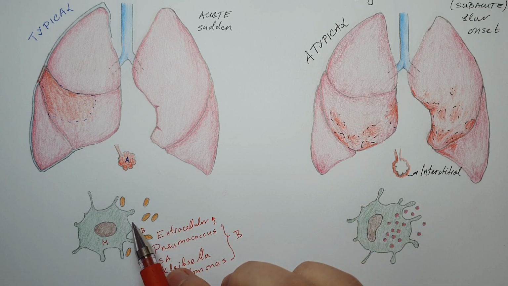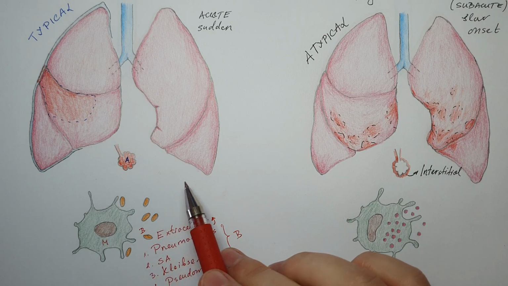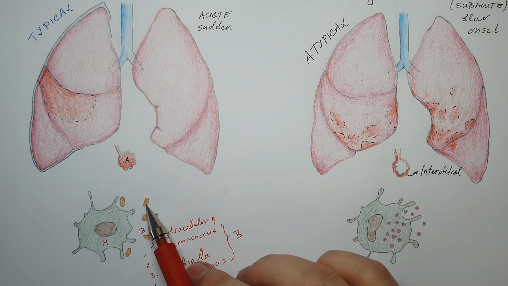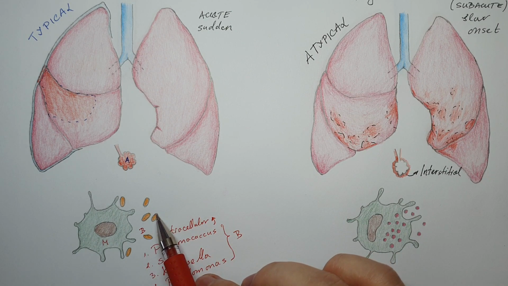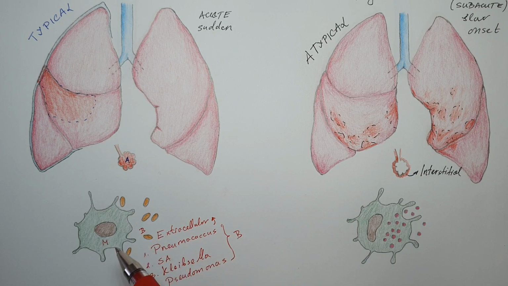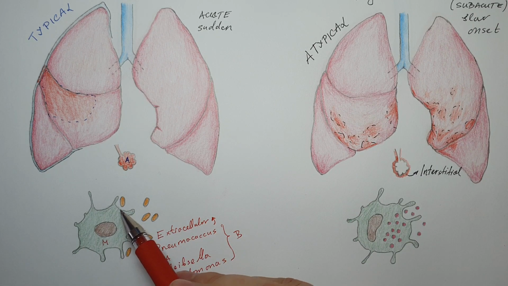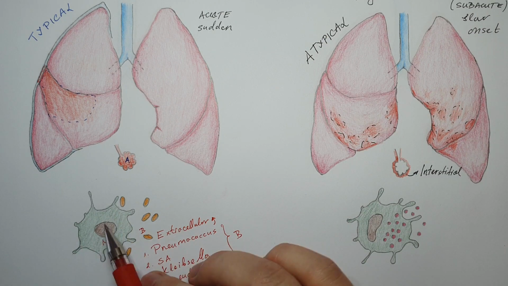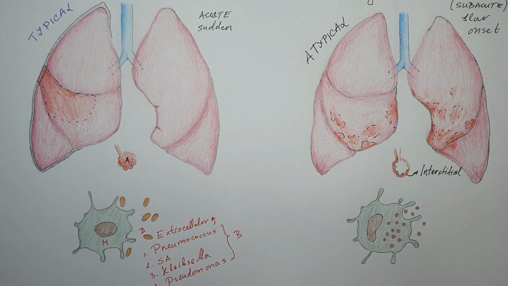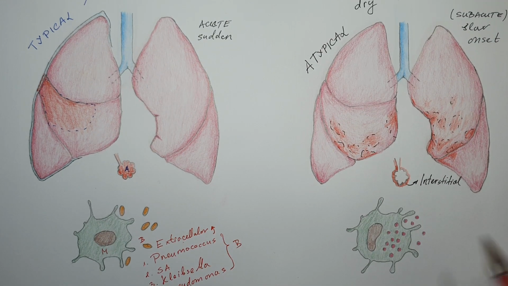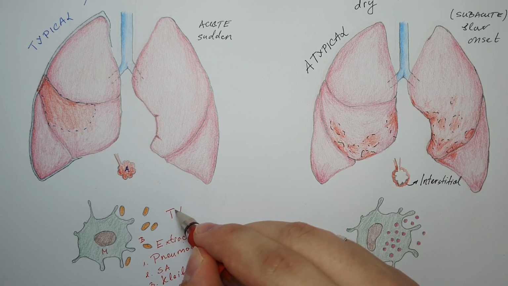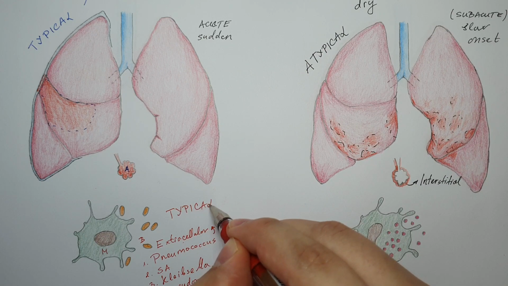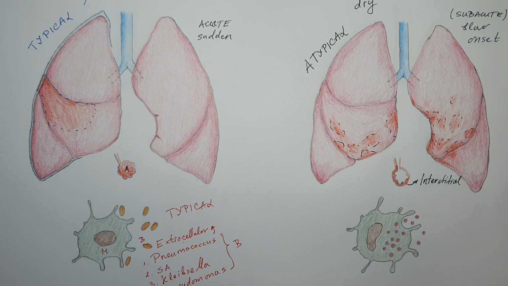They are multiplying outside the cells, and the macrophage is fighting them by internalizing them and eliminating them by phagocytosis and fusing with lysosomes and then destroying them. So these extracellular pathogens cause most of the time these typical pneumonias, where we have all these classical findings.